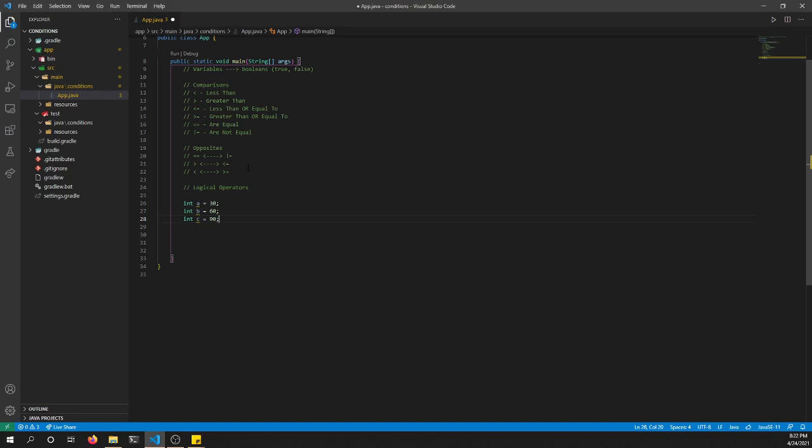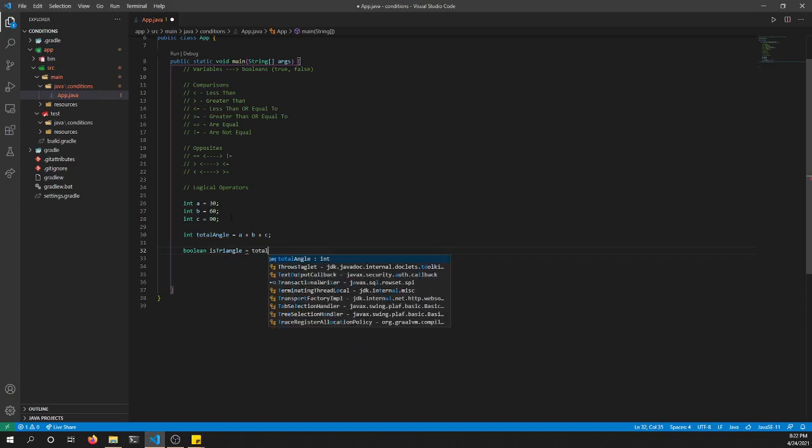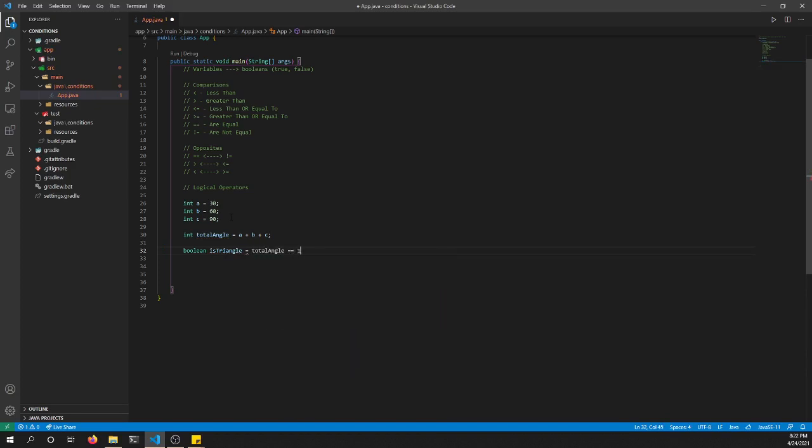And we can do a lot with this, but let's just say that these are three angles of a triangle. And I can say the total angle is A plus B plus C. And I can create a Boolean called isTriangle. And isTriangle wants to know, is the total angle equal to 180?